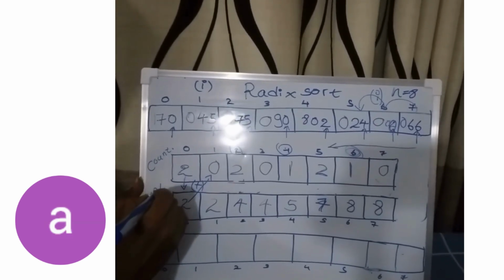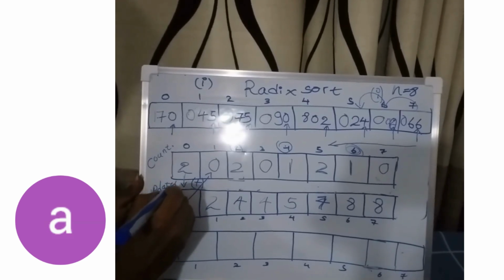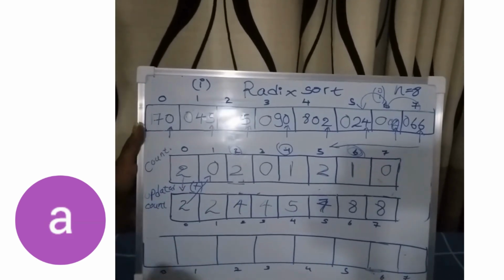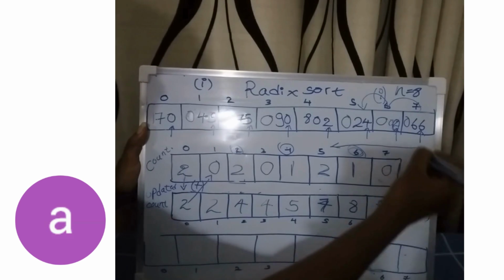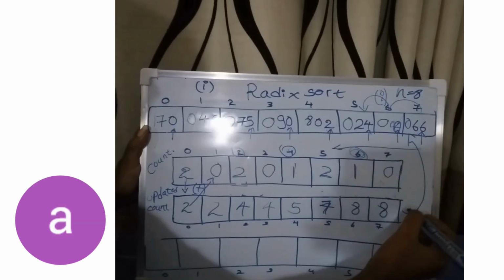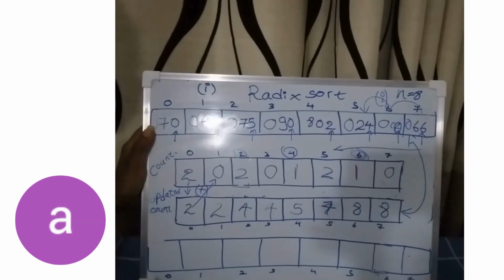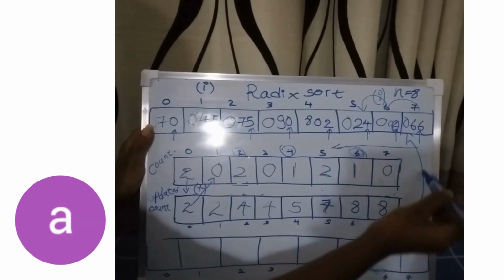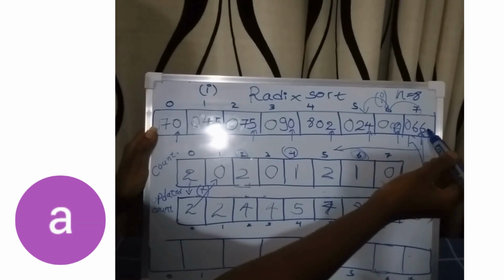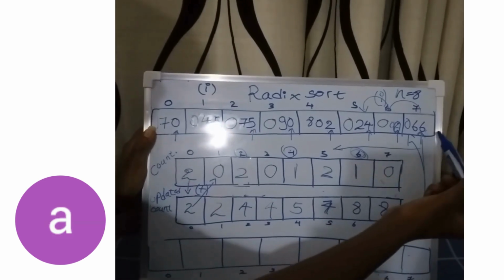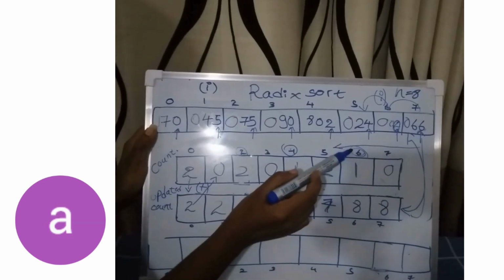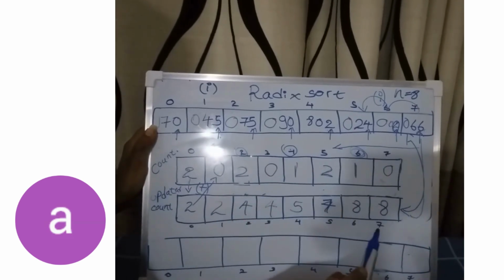So next we have to compare the updated count with the array. We do not compare the previous count with the array. Now we compare the updated count with the array.